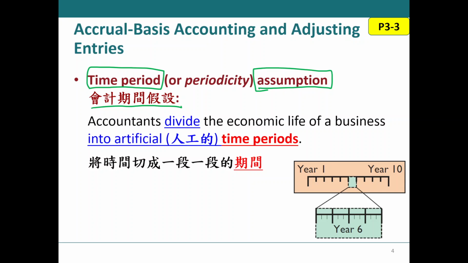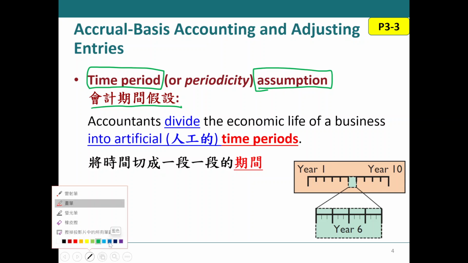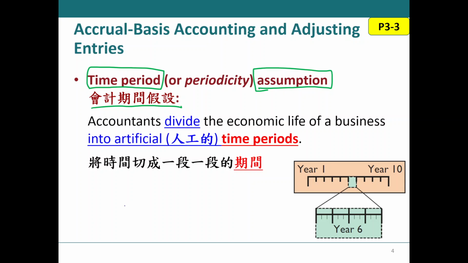So these are artificial. That's our human, we do that. It's artificial because we want to look at the situations during each period. So this is time period assumption. What does it mean? It means we humans divide the time into periods.